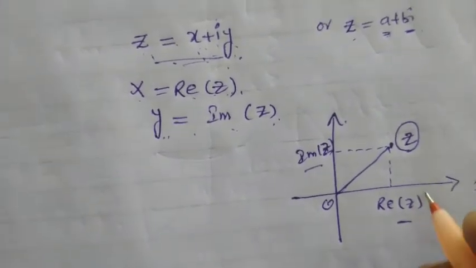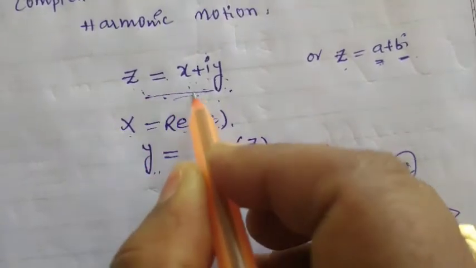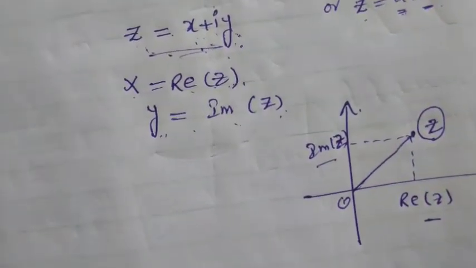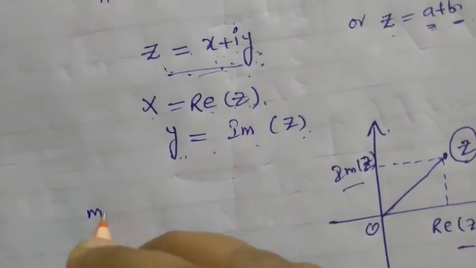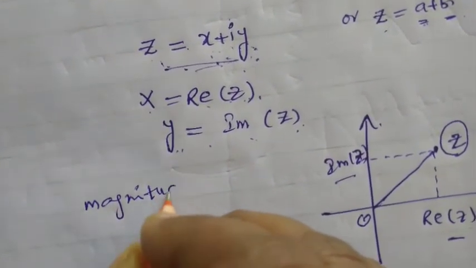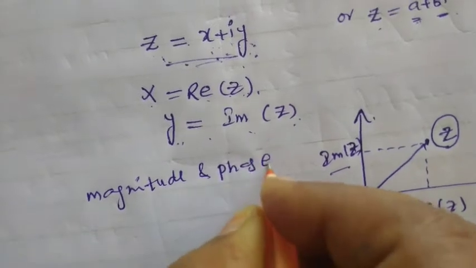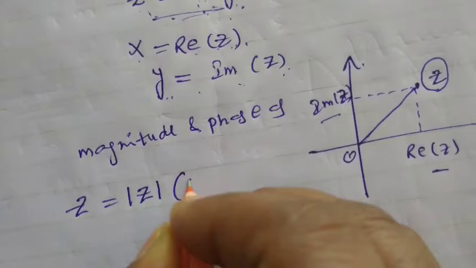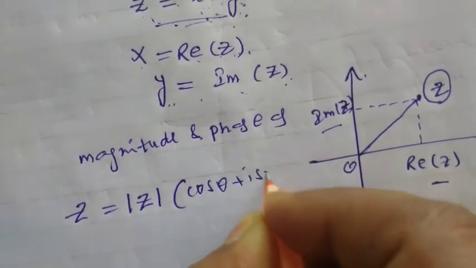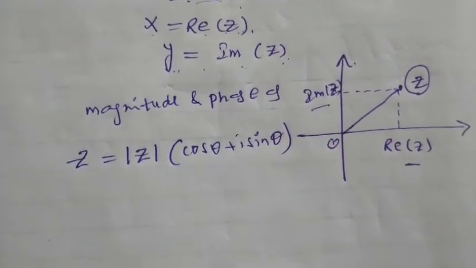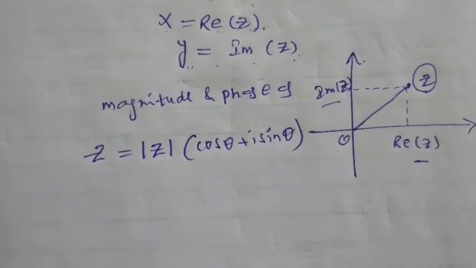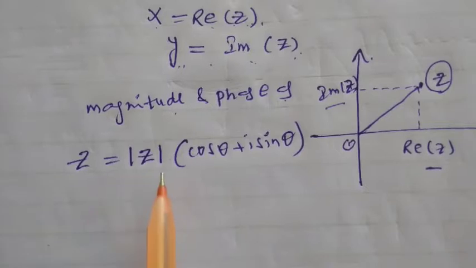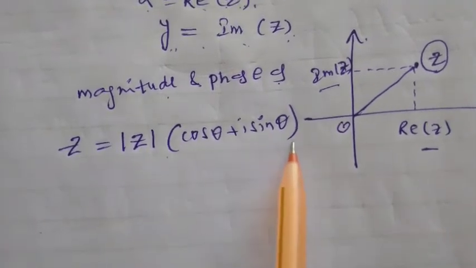Instead of z equals x plus iy, it can be written as z equals mod z (cos theta plus i sin theta).